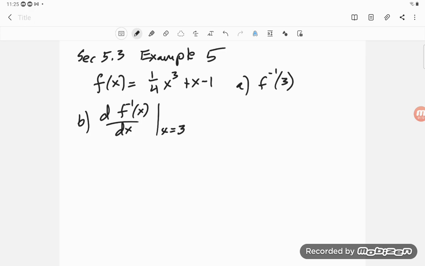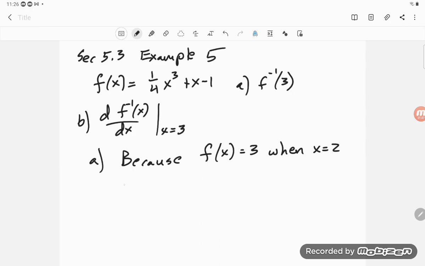Now, in their solution, they say, okay, well, this function has an inverse, and so for part A, they say, well, because f of x equals 3 when x equals 2, we know that f inverse of 3 is equal to 2.